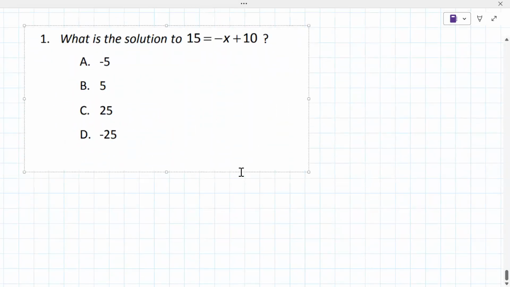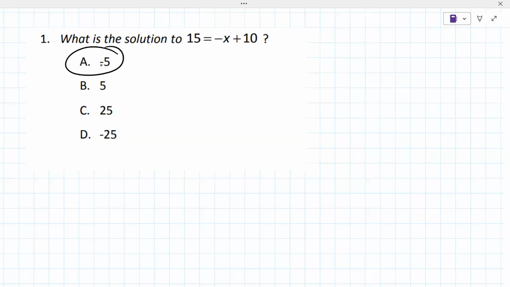You can solve this by trying the answers or solving it if you know how, which I think you do. A. It is A. Good.